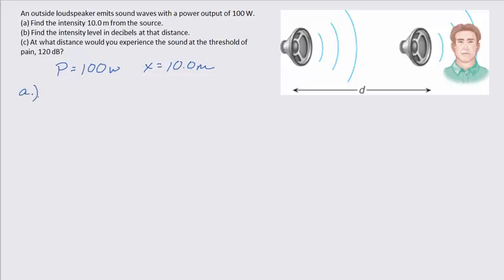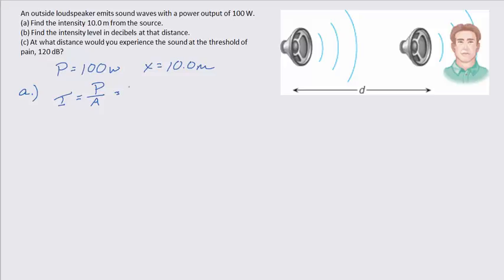So we know that intensity is measured by our power divided by our area. We're given our power, however, we're not given our area. But since we know that sound waves radiate equally in each direction, we can imagine that our sound waves would take on the shape of a sphere.